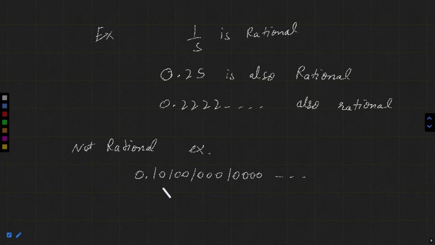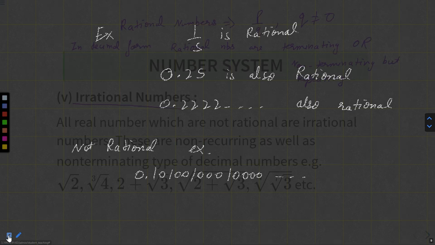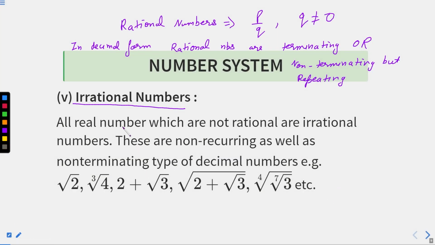So it is an example of a not rational number. It is not repeating any pattern and not terminating. So it is not a rational number. Okay, so all real numbers which are not rationals are called irrational numbers.